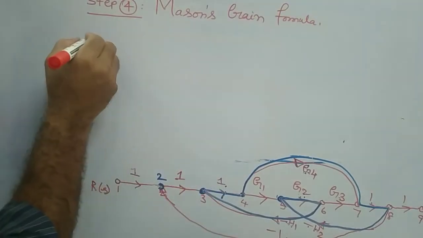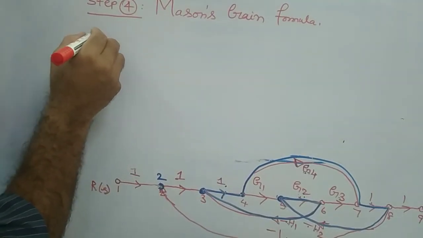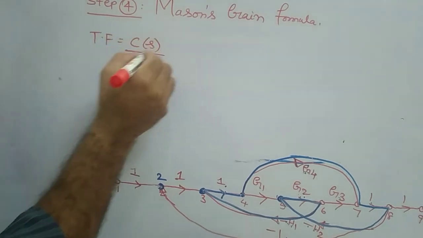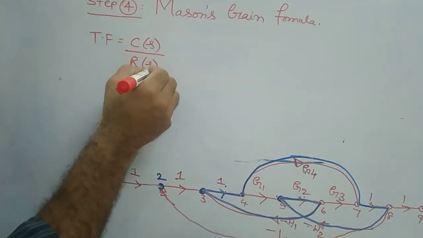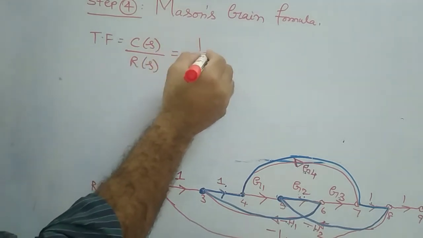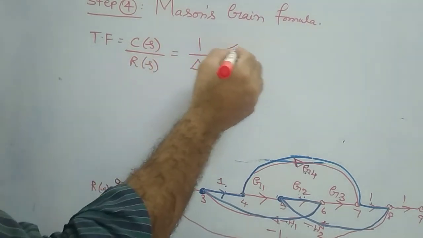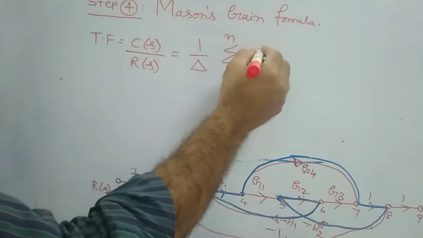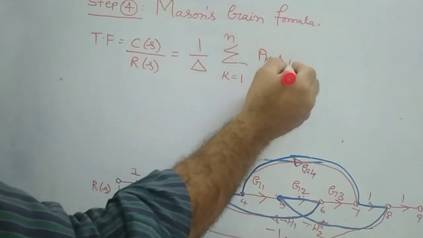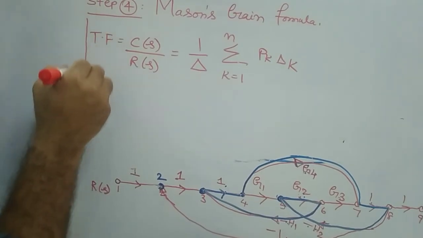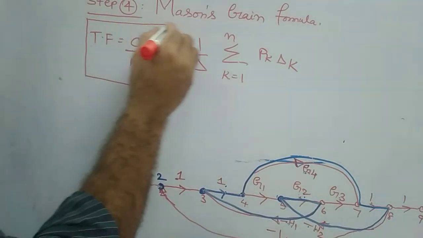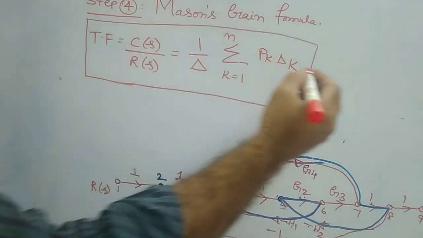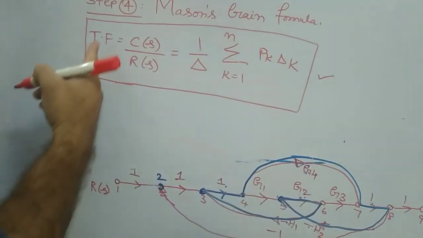As per that, your transfer function C(s) by R(s), output by input, is equal to 1 by delta, sigma k equals 1 to n, P_k delta_k. This is the formula. Always remember.